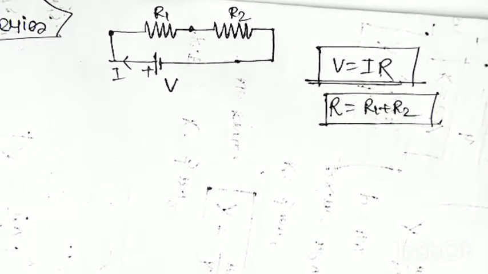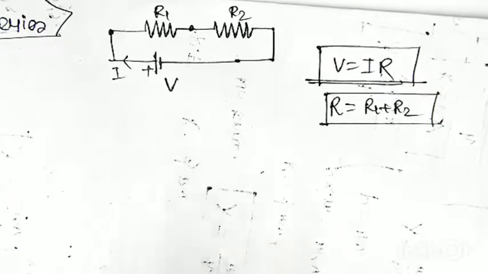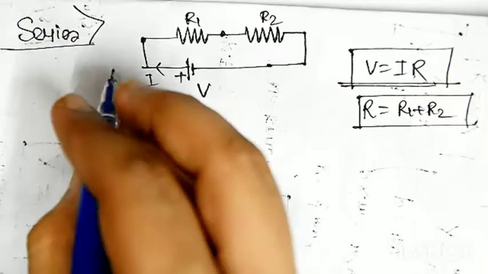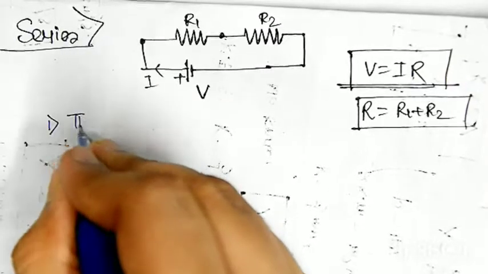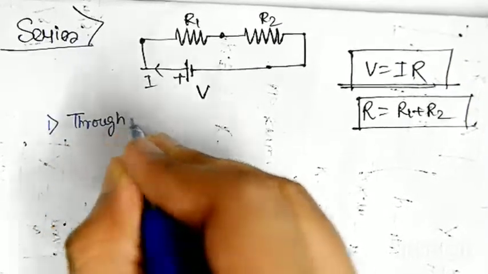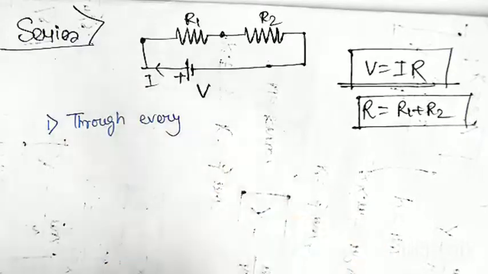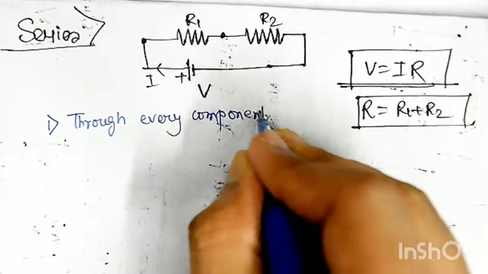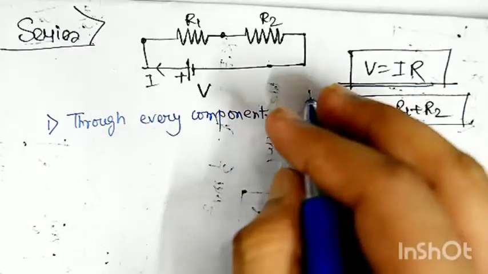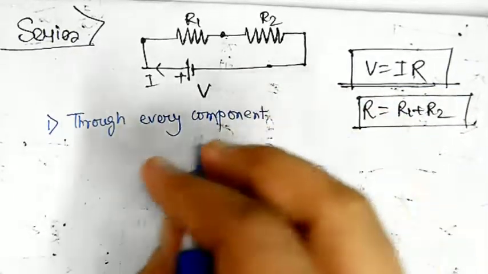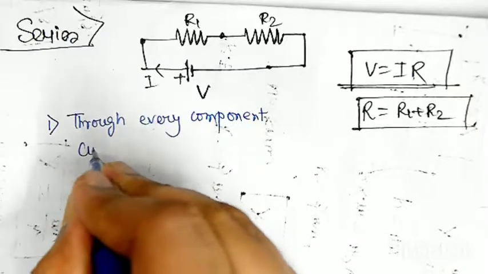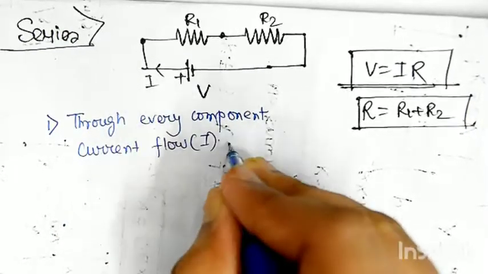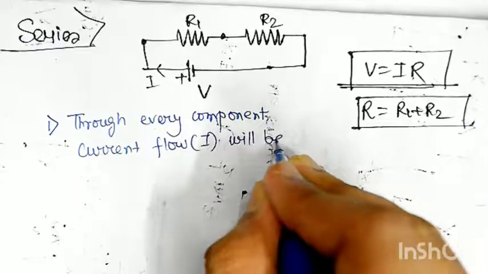Clear? We must remember that the specific characteristic of series connection is that through every component, that means through every resistance, whether it is R1, R2 or R15, R20, it doesn't matter how many you connect, the current flow, that is I, will be constant.